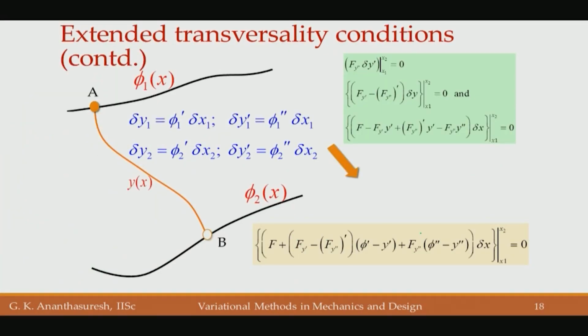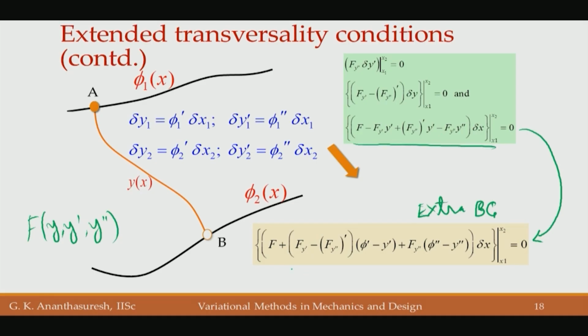Now, this is basically capturing what we have. When we have an integrand that depends on y, y prime and y double prime, we would have the boundary condition, which this is the expanded version. This is the extra boundary condition, extra BC. Now, if you see, this and what we have here are not the same, because at that point we still had y and y prime, but now we have let that point move along a function phi 1 x, phi 2 x.